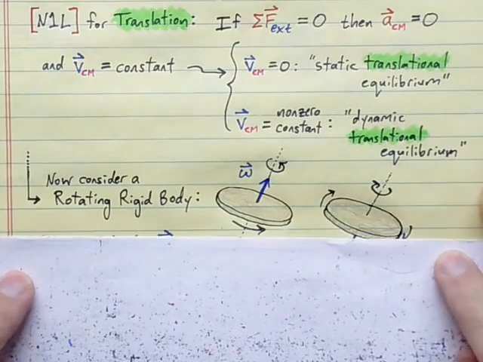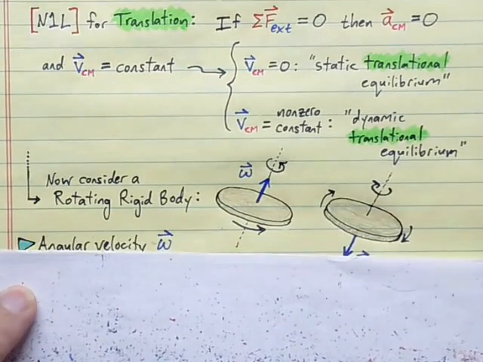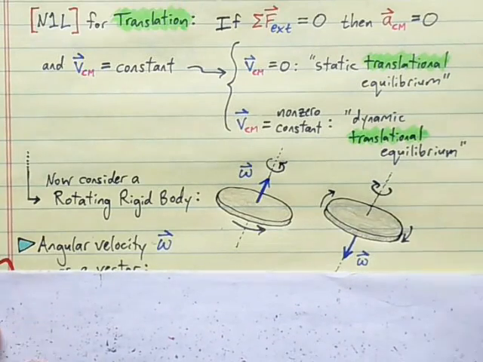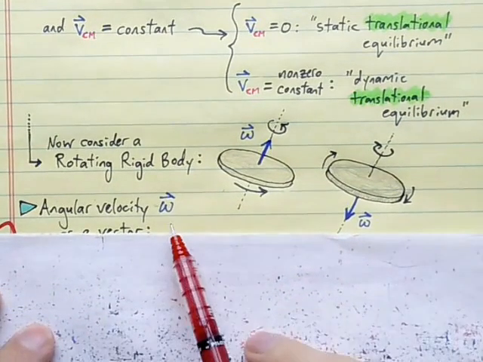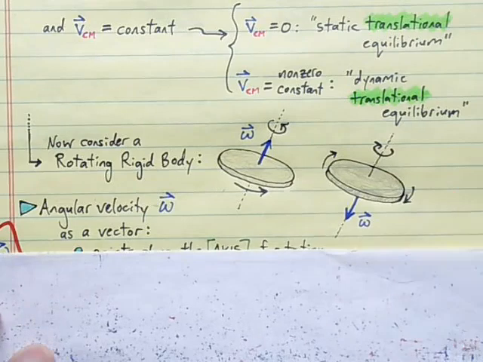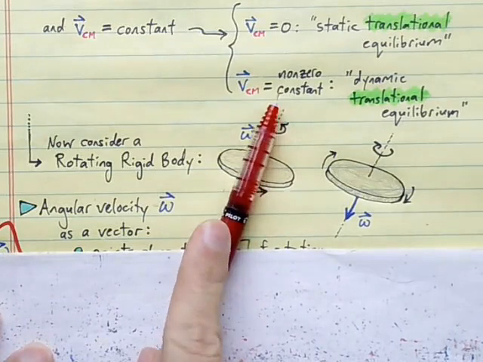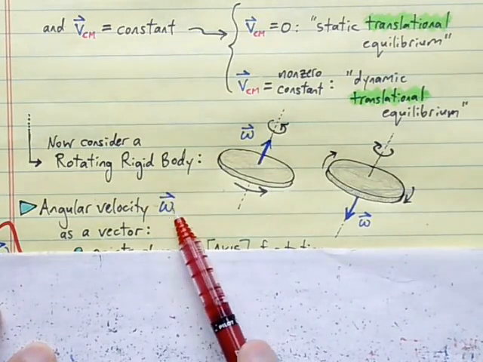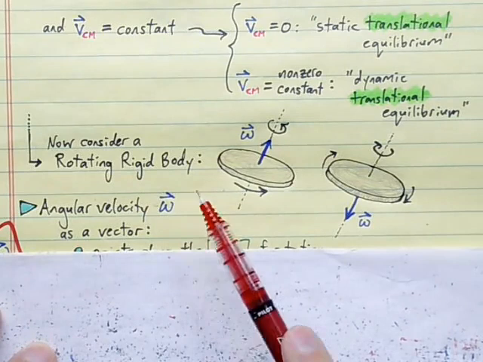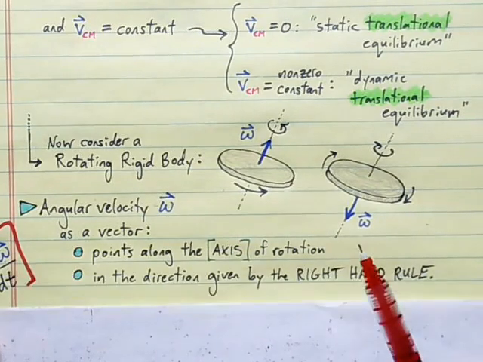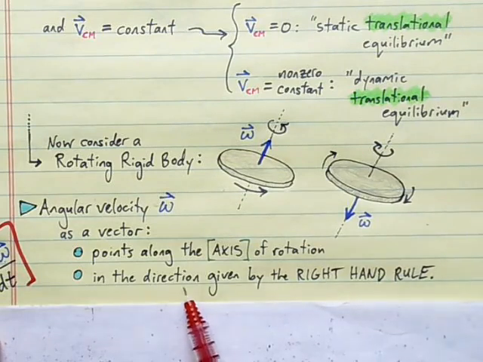So let's consider a rotating rigid body, like this disk that could be spinning here. And I want to reintroduce the concept of angular velocity, omega, as a vector. If this disk is spinning about this axis, then its angular velocity can be represented as a vector that points along the axis of the rotation and points in the direction given by the right-hand rule.